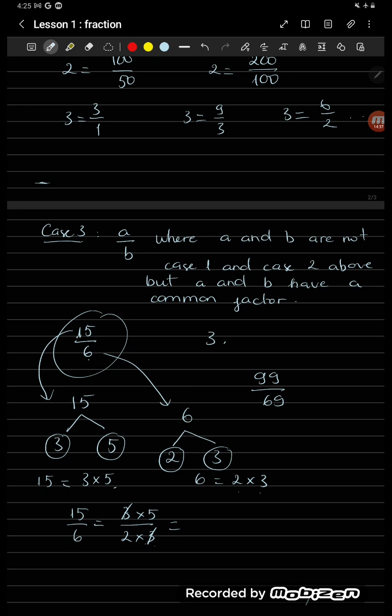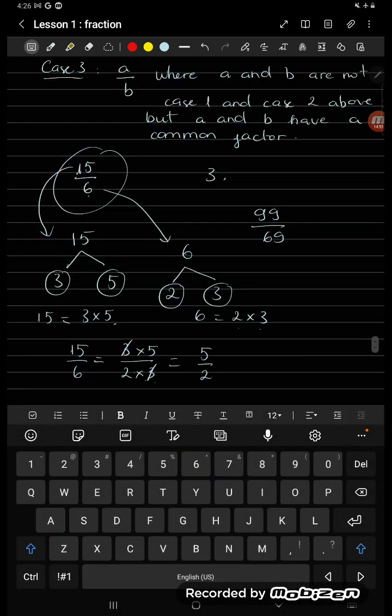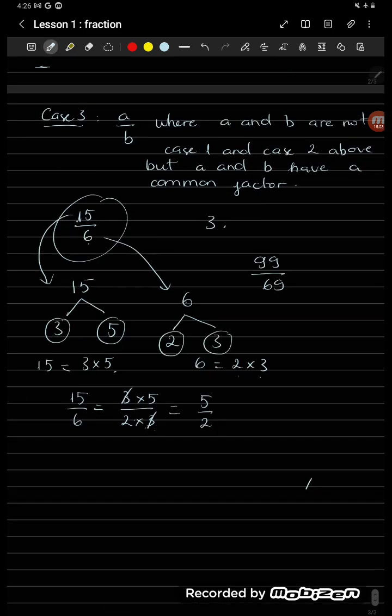When you cancel them, the only thing left is 5 and 2. So now the fraction is 5 over 2. So it is the method to simplify a fraction. It's very useful for you later on when you learn how to multiply and divide fractions with each other.